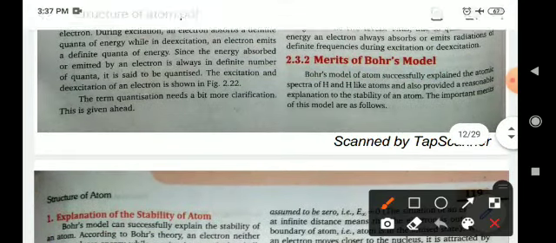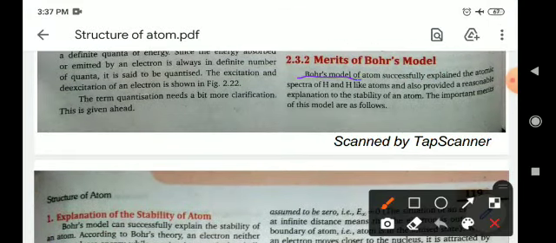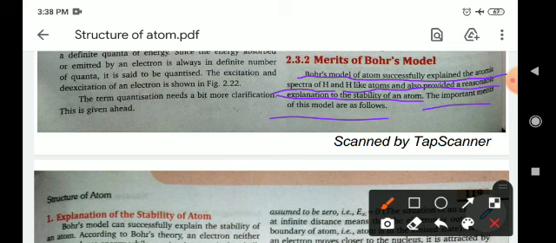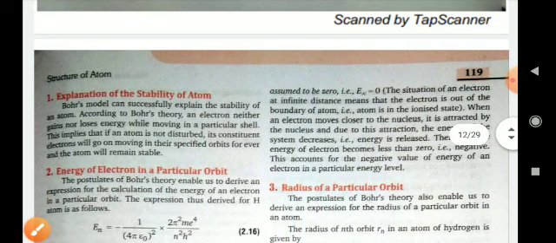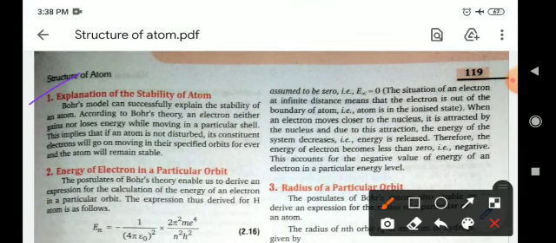Bohr's model of the atom successfully explained the atomic spectrum of hydrogen and hydrogen-like atoms, and also provided a reasonable explanation of the stability of the atom. The important merits of this model are as follows. Number 1, explanation of stability of atom.